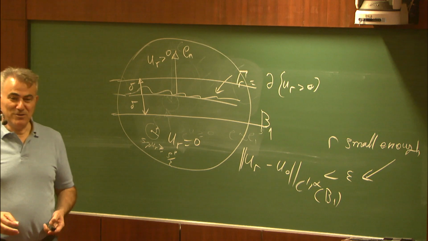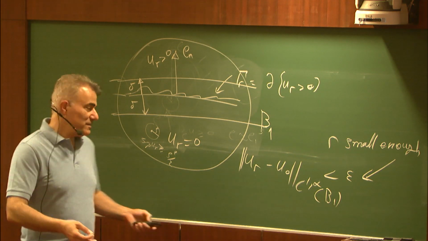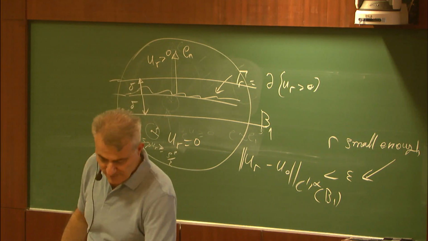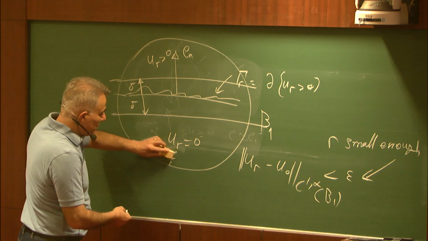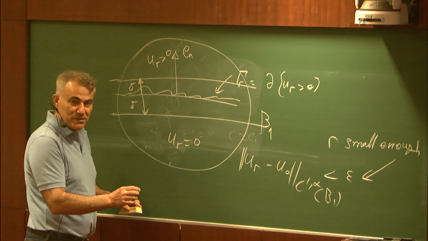So it will be uniformly positive there. This is not going to happen for us, because the limit will be u0. So it tells me that there is no place here where there can be a free boundary. Because once there is a free boundary, I know non-degeneracy.